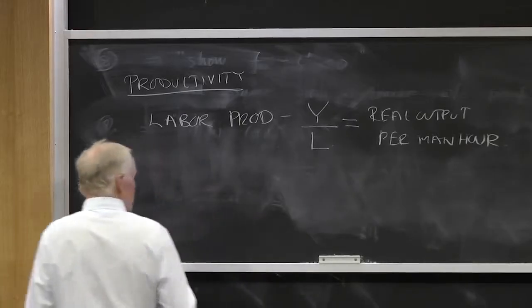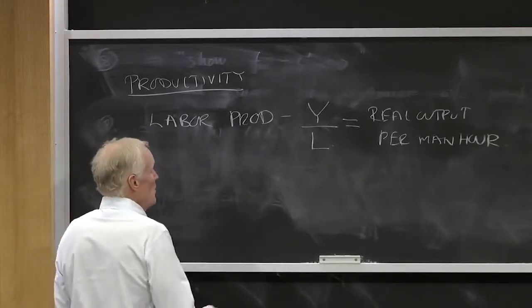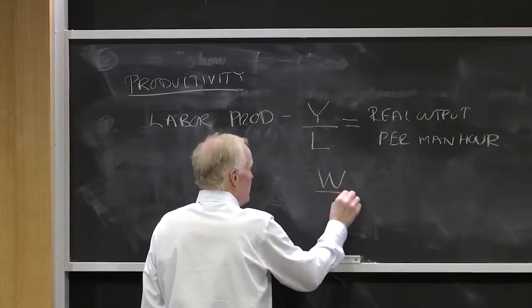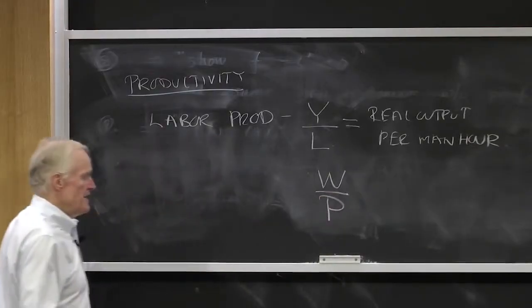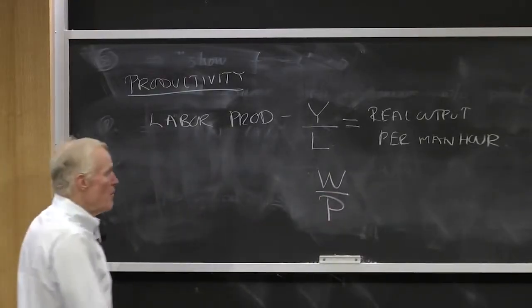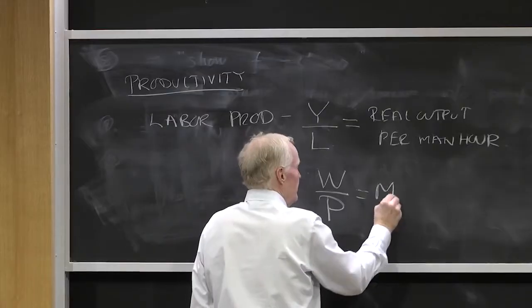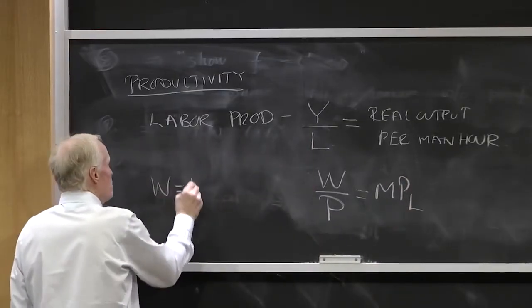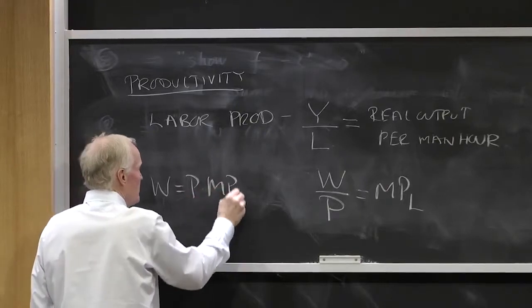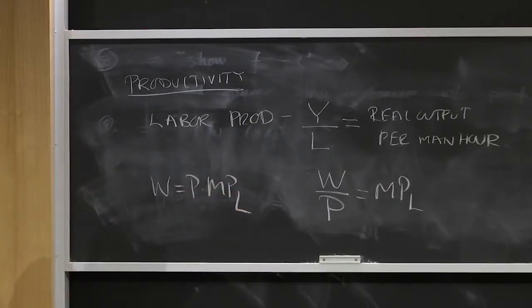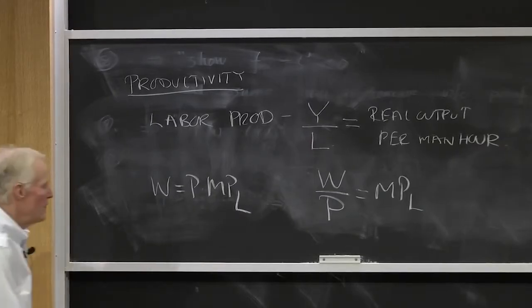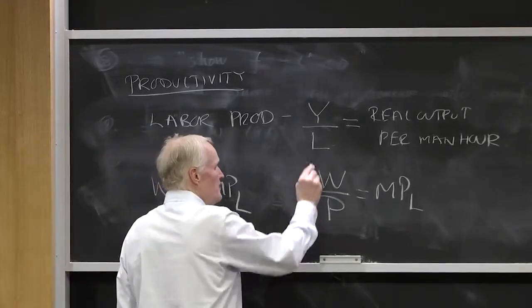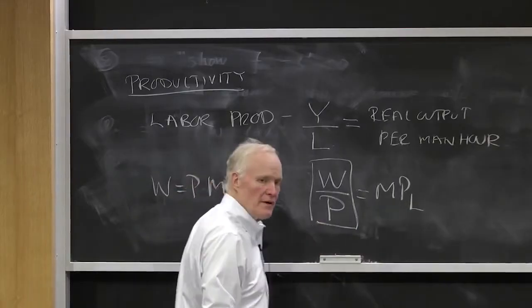There's another measure of labor productivity, of course, which is W over P, because that would be equal to the marginal product of labor, right? In a competitive market, the wage equals price times the marginal product of labor. So that's the competitive market profit maximizing condition for a firm. Therefore, W over P is the marginal product of labor.